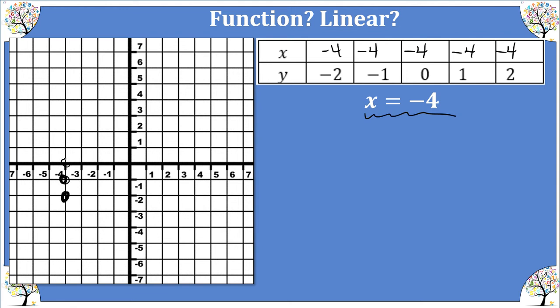We have -4, 0, -4, 1, and -4, 2. So you can see that when we have x equals some number with no y variable, we have the vertical line. So this is not a function, but it still is linear because my exponent is 1.